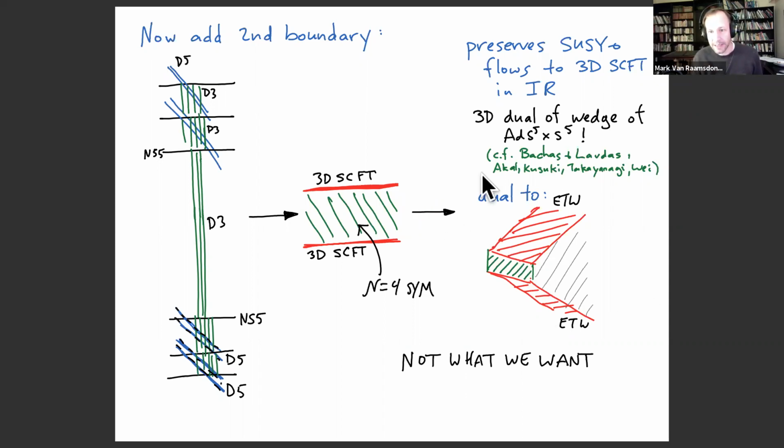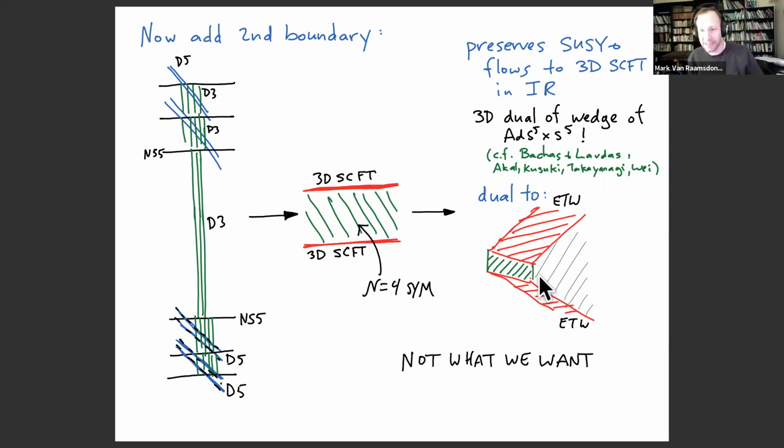Okay, so in this case, if I preserve supersymmetry, the geometry looks like this, where the two end of the world branes just go off and they never connect. Okay, so that's not what we want. It's sort of interesting though. Actually, it's an example of what Takayanagi and others recently described as wedge holography, that you could have a 3D theory dual to, say, a wedge of a 5-dimensional spacetime.